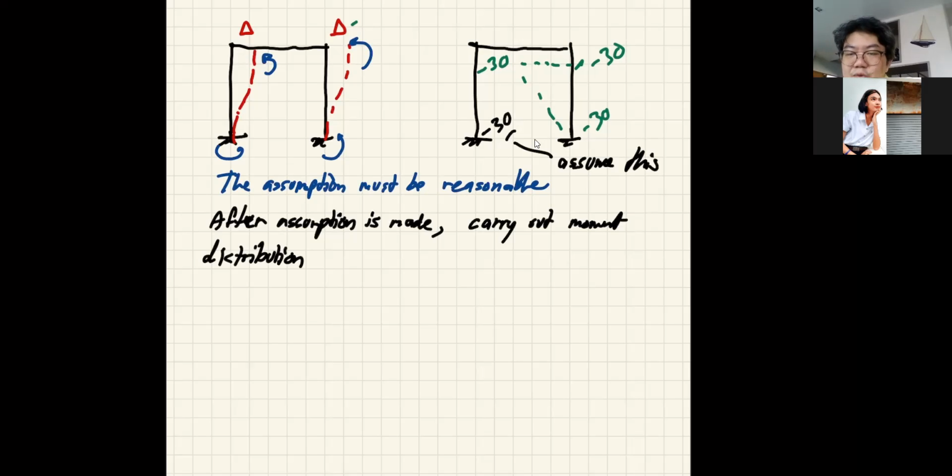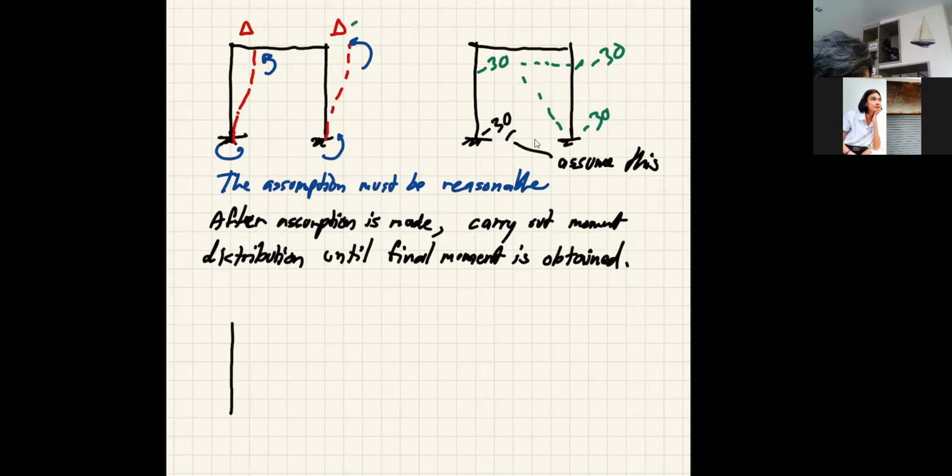So you carry out your moment distribution as usual until the final moment is obtained. And after this, we obtain this result.